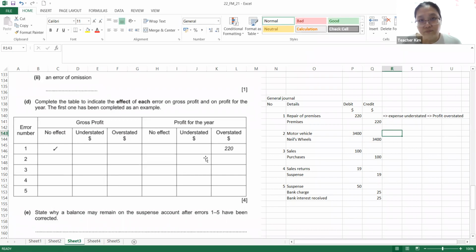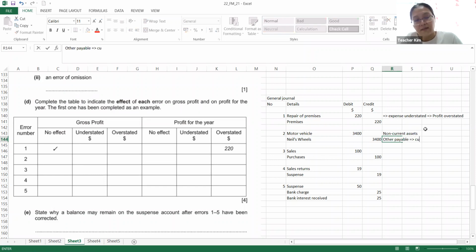Number 2, motor vehicle. This one is a non-current asset. This one is new, other payable. So this one is current liability.